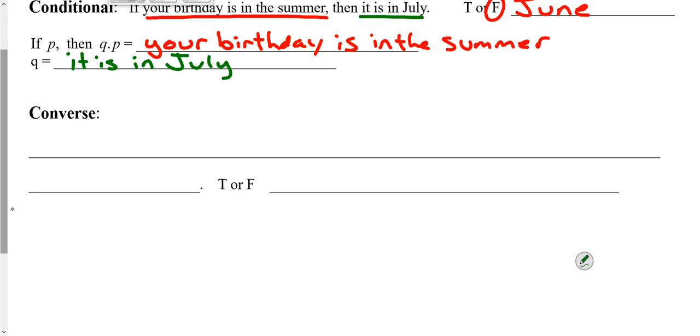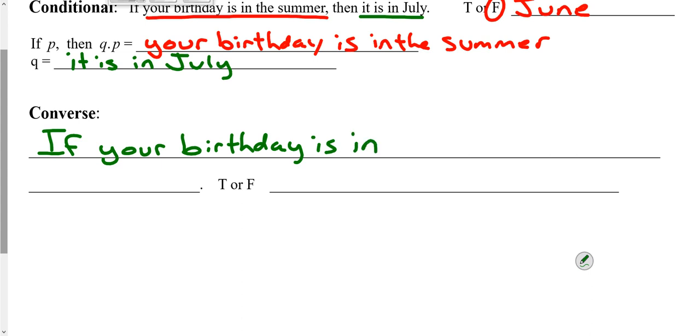If your birthday is in July, then it is in the summer.